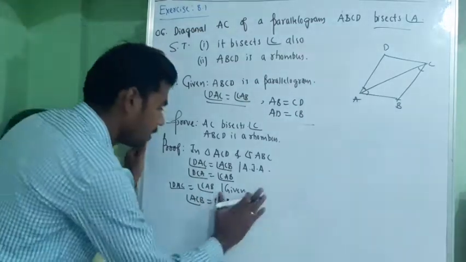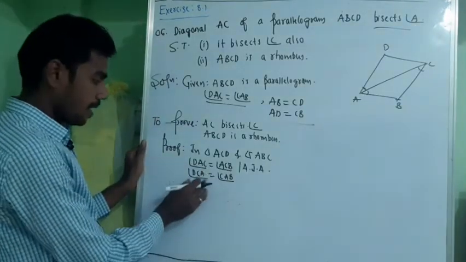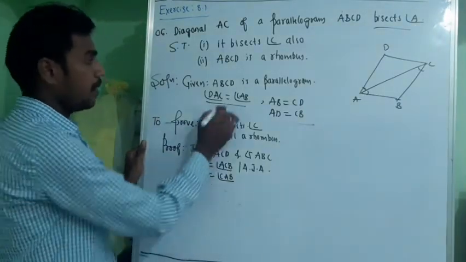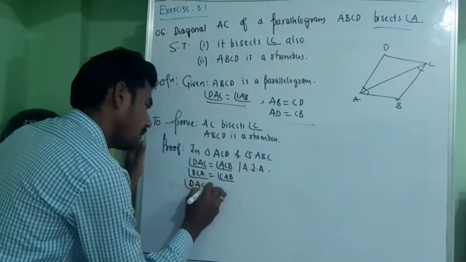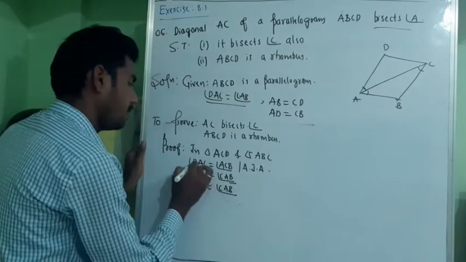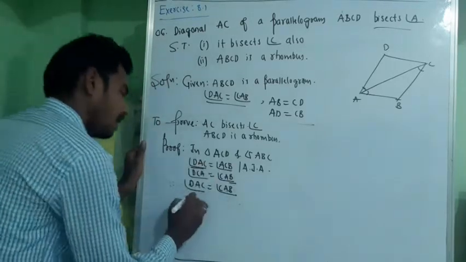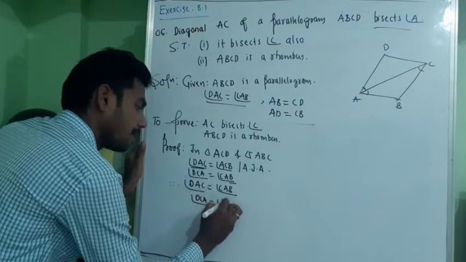Understood or not? Or else I will write once again. See, since DAC is equal to CAB, and these two are equal, then DCA is equal to ACB.